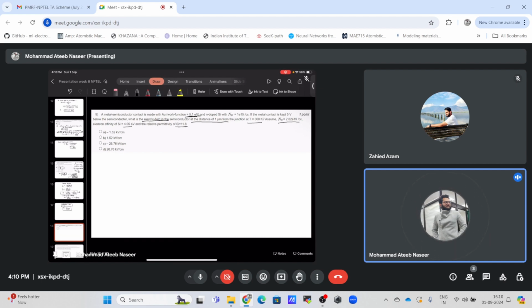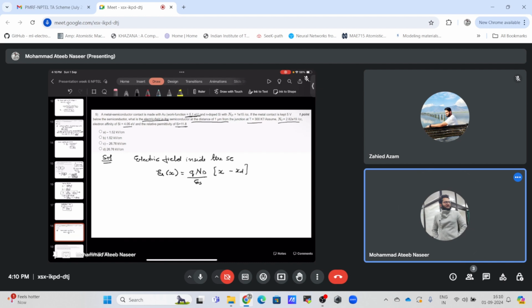So, as already done in the lecture notes, as the professor has already taught us, the electric field inside the semiconductor for the metal semiconductor Schottky contact is simply, as a function of x, the position, q times Nd by epsilon s times x minus xt.